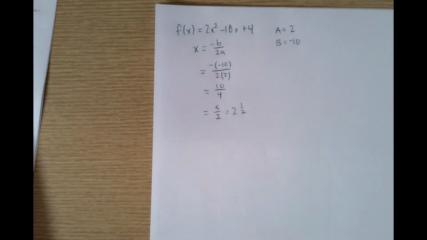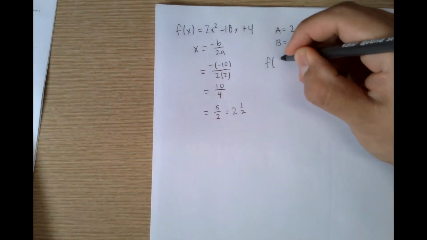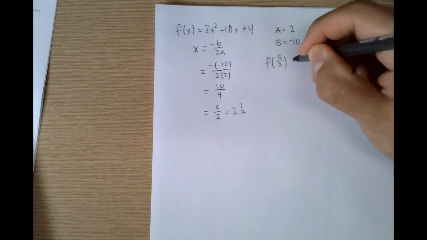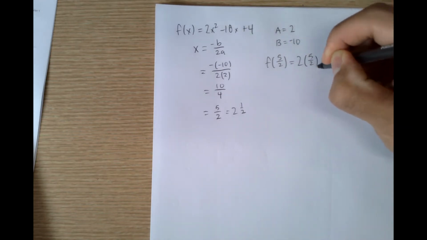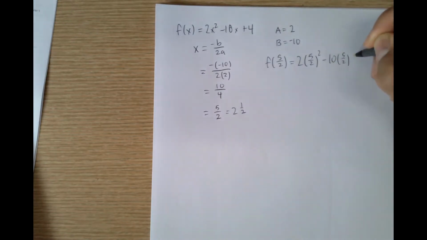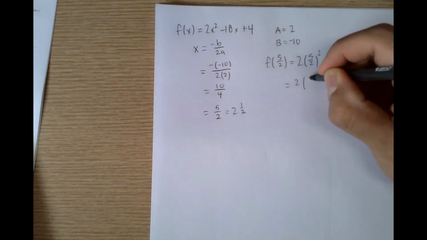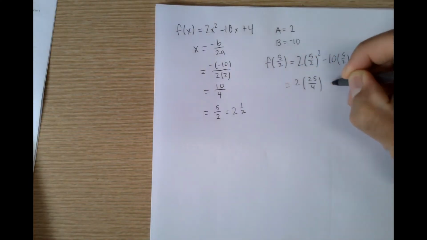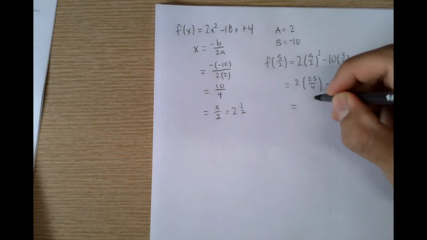So what we can do is plug this into our original equation, so f of 5 over 2. The reason we're plugging this in is because we know that this is the vertex. So we get 2 times 25 over 4 minus, and I'm just going to leave this as 50 over 2, which reduces to 25 over 2.